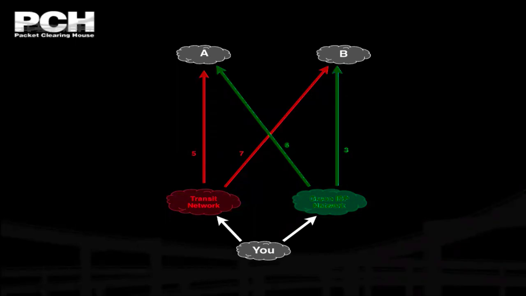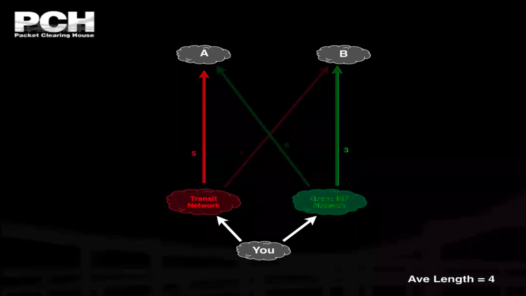Now, the network protocol that drives our use of the internet, the Border Gateway Protocol, or BGP, has an element in it that says choose the shortest number of networks as more preferential. So you'll see that to try to get to network A in this case, we'll make use of transit provider red and send all our packets down that way. But to try to get to network B, instead of sending our traffic through network red as we were a while ago, we're now going to send our traffic to network green because it's a shorter distance.